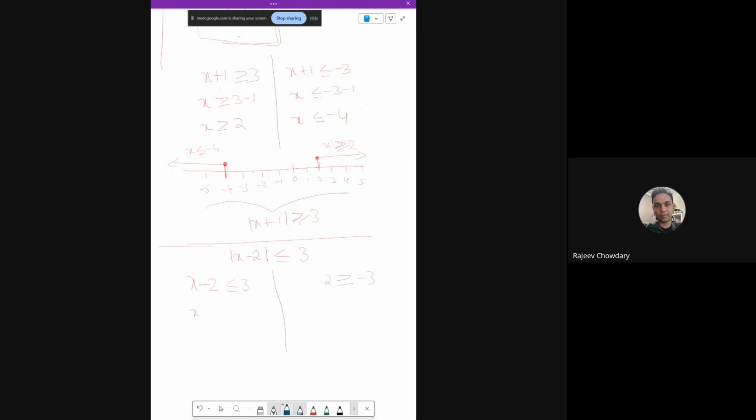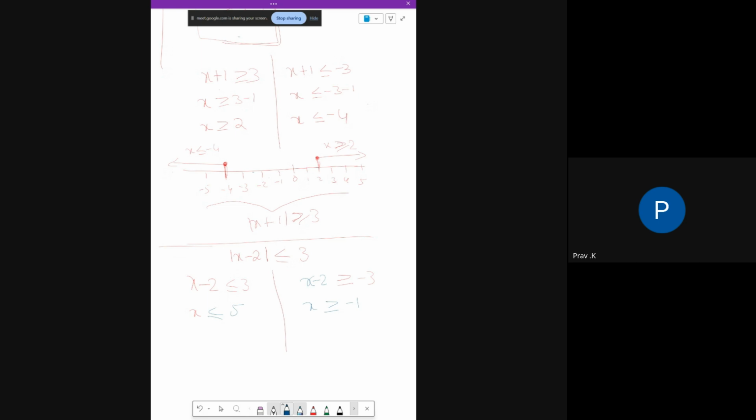So x is less than or equal to 3 plus 2, which is 5. And x is greater than or equal to minus 3 plus 2, so that becomes minus 1. So x is greater than or equal to minus 1, and x is less than or equal to 5. Carol, you wrote it well, so Carol is right. x is greater than or equal to minus 1.